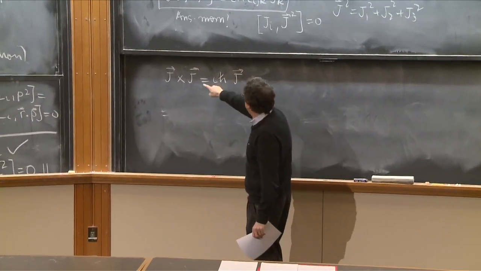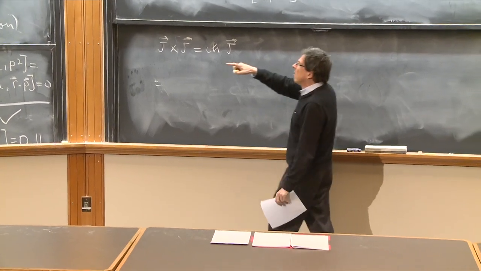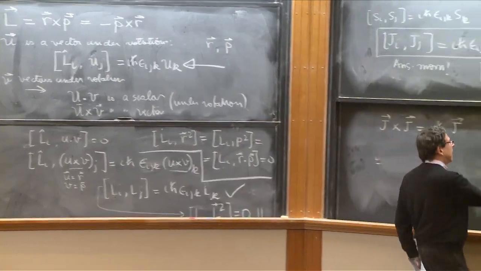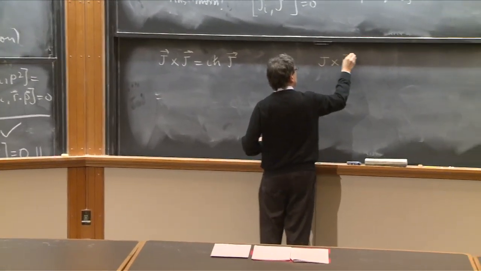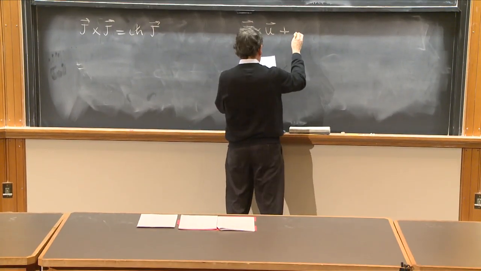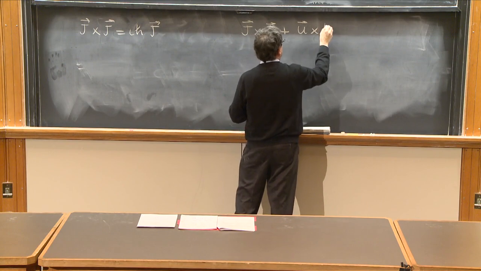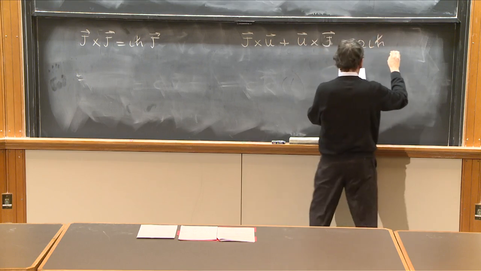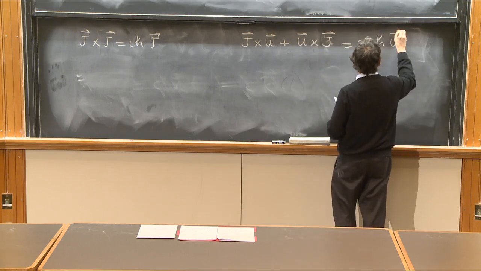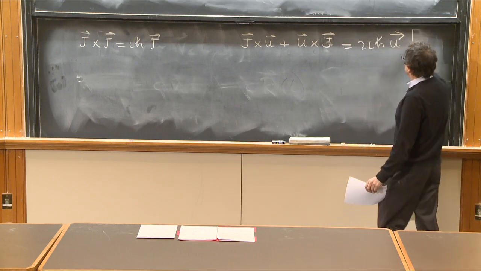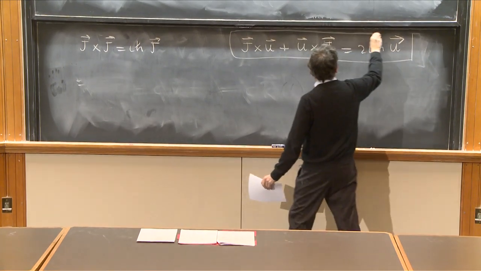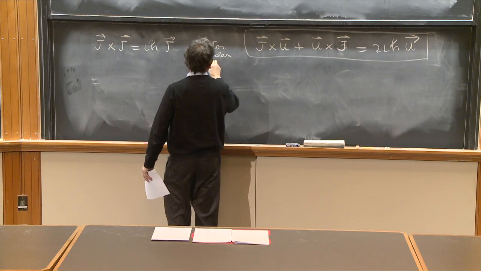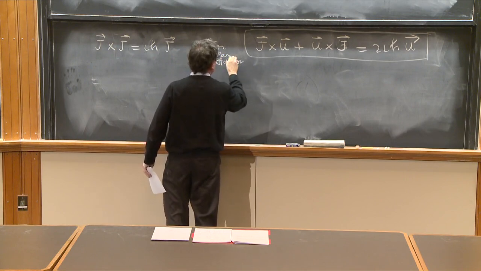Just the fact that the algebra here is this, the fact that L with U is this, implies the following algebra: J cross U plus U cross J equals 2i h bar U. So this is for a vector under rotations. I think this is in the notes.